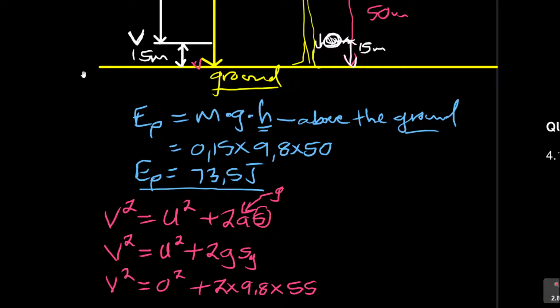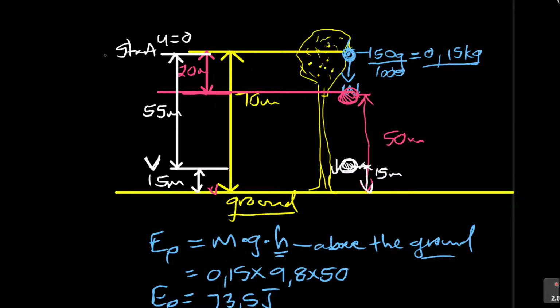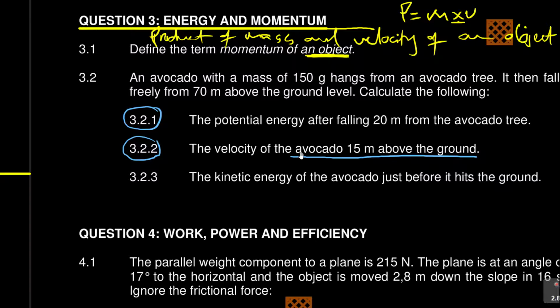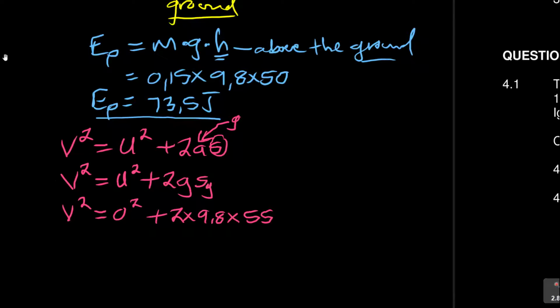It is not moving from the ground going up, it is moving from the top going down. So you ask yourself, what distance has it covered? It has covered this distance, which is 55 meters from the start, because 15 meters is left for it to just hit the ground. That's what they said here: the velocity of the avocado 15 meters above the ground, meaning it fell 55 meters going downwards. So that's what you needed to be careful on. That's all they wanted here.